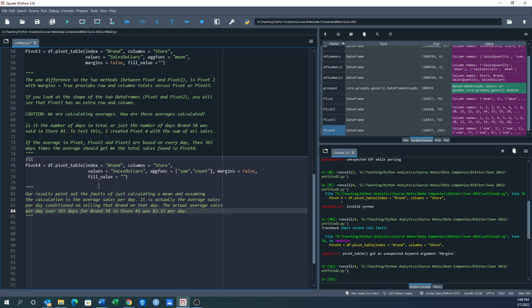Okay? That is a completely different interpretation versus $15 per day. So this comes down to knowing, I calculated the means. Well, what does that mean? I did counts. You got to understand what's in your data and what these calculations mean, because ultimately that's got to get communicated to the decision maker.